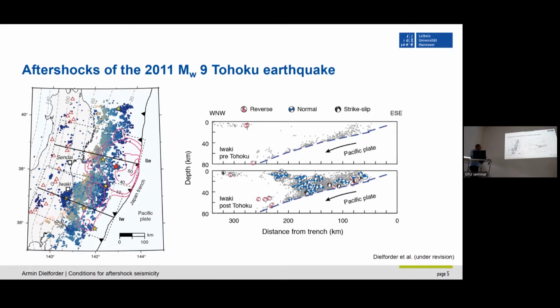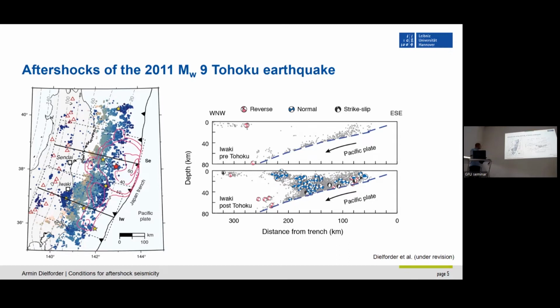This area here is close to the coastal area of Ibaraki, which is the biggest city in this area, and you can see this actually occurred onshore. So it gives you a similar picture as in the north, but in the south we actually have even more intense aftershock seismicity, which really reaches into the coastal regions.